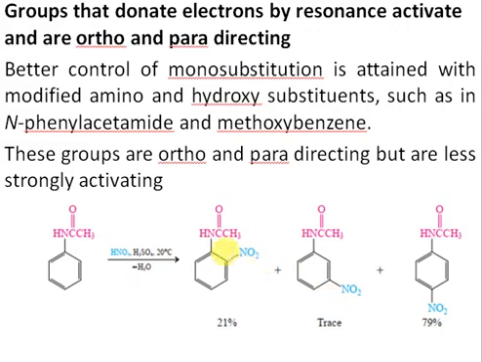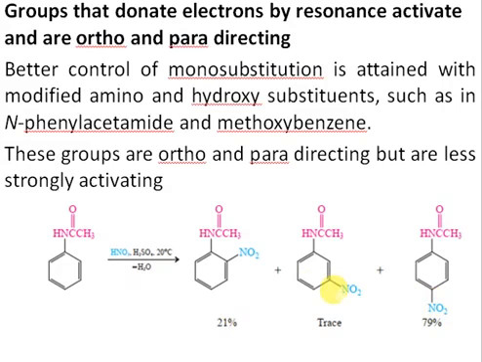In case you're not modifying these groups, we will get the tri-nitro product. But in case you have modified the amino group, we will get the mono substituted products here. So we get the ortho product 21% here, the meta is in trace amount, while the para product is dominating with 79%. So why is the para dominating, not ortho?